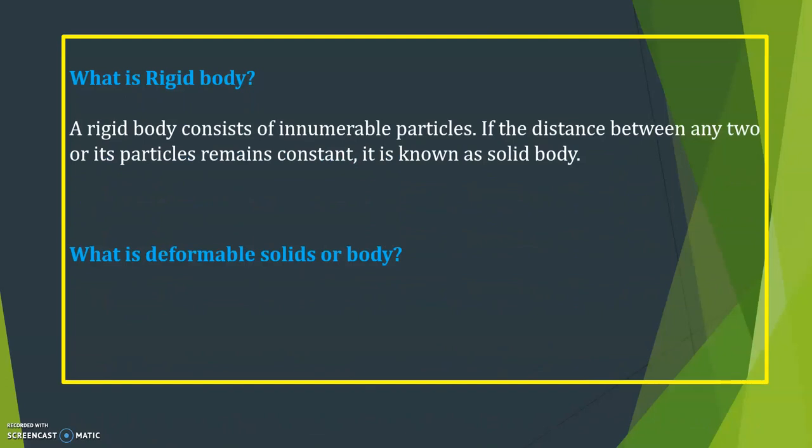So what is this rigid body? It's also called as a solid body. Okay. A rigid body consists of innumerable particles. Okay, if the distance between any two of its particles remains constant, it is known as solid body or rigid body.